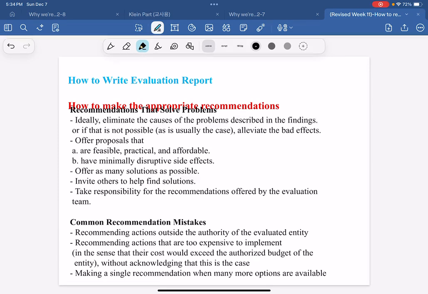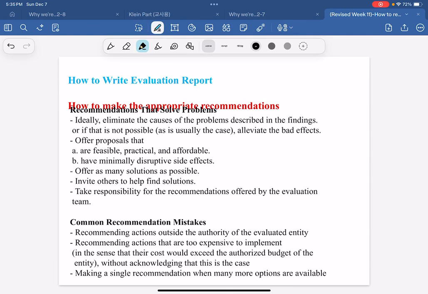Ideally, effective recommendations can eliminate the cause of the problems described in the findings, right? Also, the ideal recommendation should offer proposals that are feasible, practical, and affordable, right?